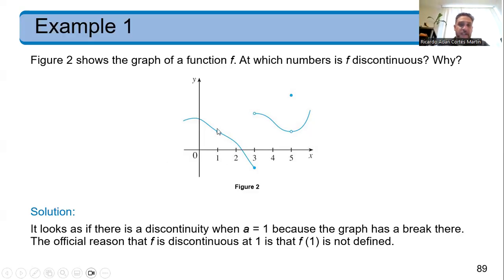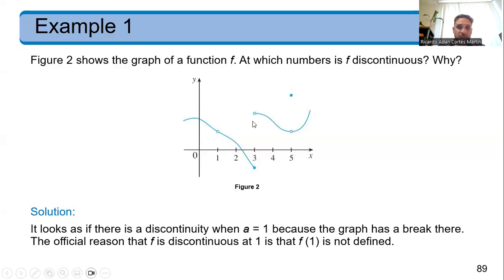So is it continuous at x equal to 1? No, it's not continuous. Why? What is missing here? The limit exists, the limit as x goes to 1 equals 1. Yes, but the function is not defined. Okay, so that's how we know that it is not continuous.